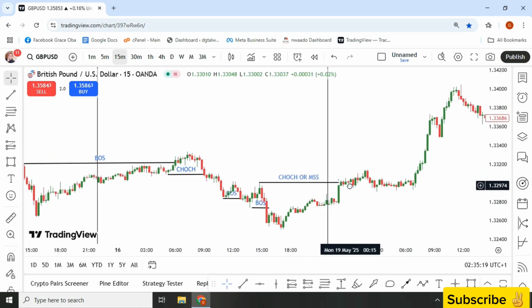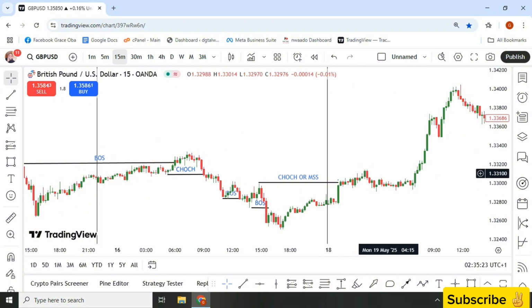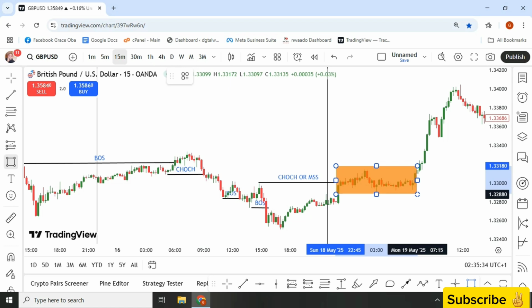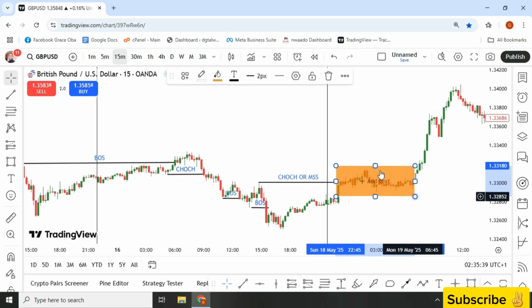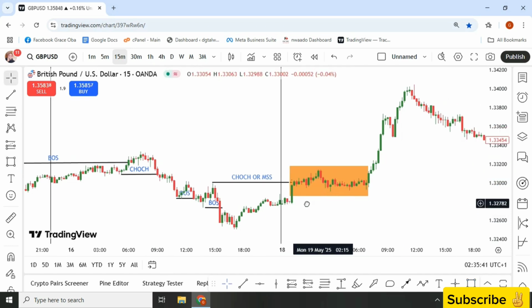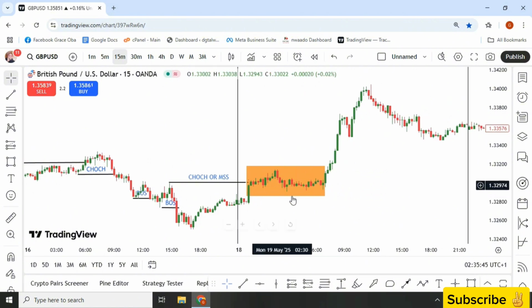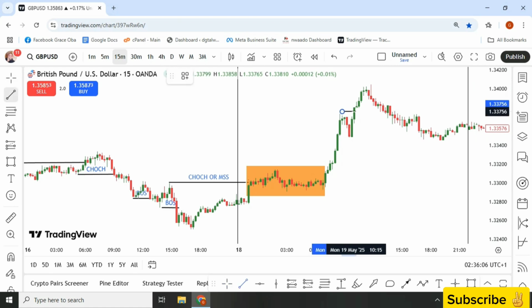Now let's continue. Then you can see that price kind of ranged in this zone, right? Because this is a 15-minute time frame. Ranged in this zone for a good number of minutes. And after ranging, what did it do? It aggressively rallied up, created this high, retraces back to break the structure. This is a BOS, right?